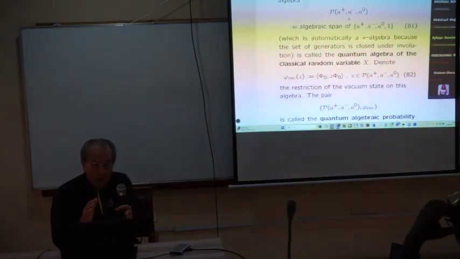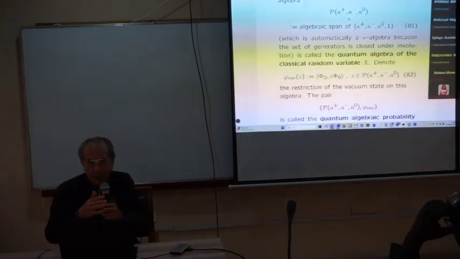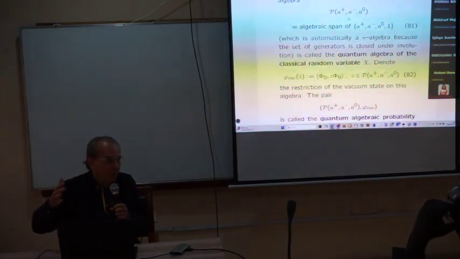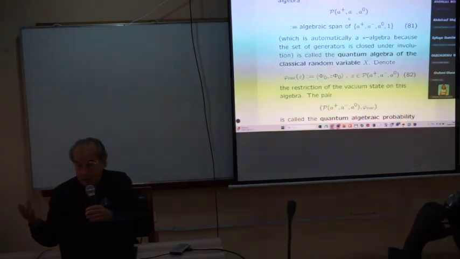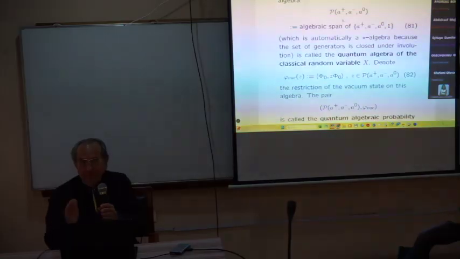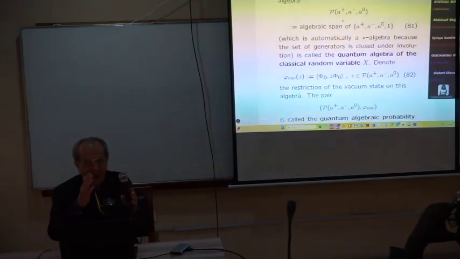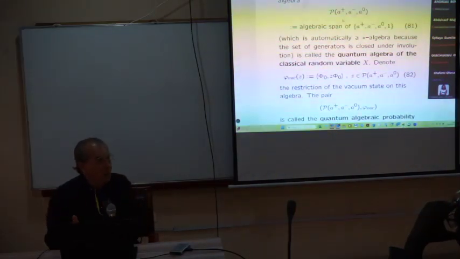So define, don't forget, we are in pre-Hilbert space because we have the great advantage to avoid domains. These are, I told you, usually unbounded. And when you have unbounded operators, you have a lot of problems with their domains. However, since we are working in the pre-Hilbert space without completion, all our operators are defined everywhere. We have no problem with the domain. They act on the polynomials and they make polynomials into polynomials.